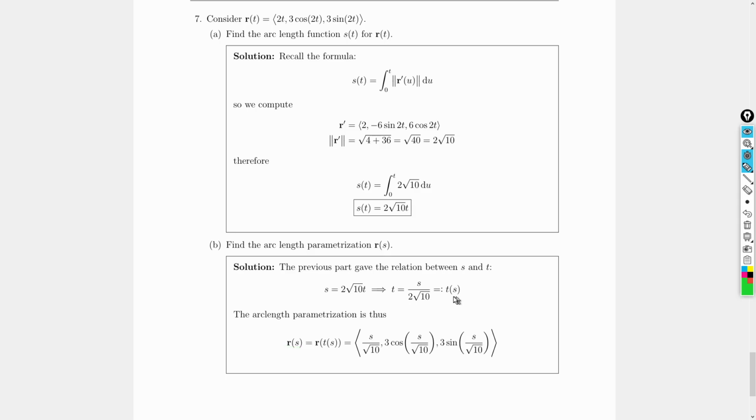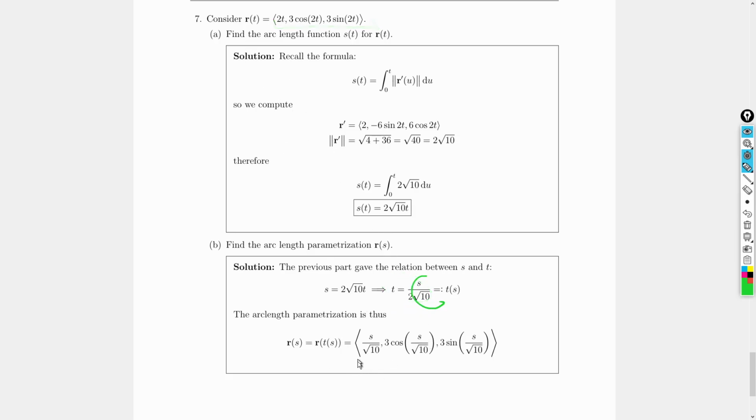So given s, we then convert it to t using this relationship that we created, and then we plug that straight into the r of t that we have, which just amounts to substituting everywhere that we see t in this definition, we replace it with the expression. So the expression s over 2 root 10. As you can see, that is what ends up happening.